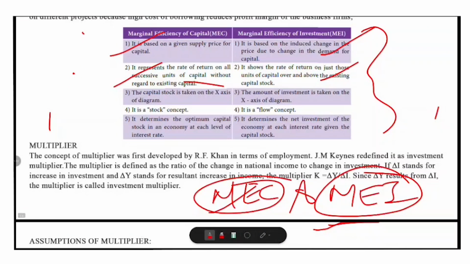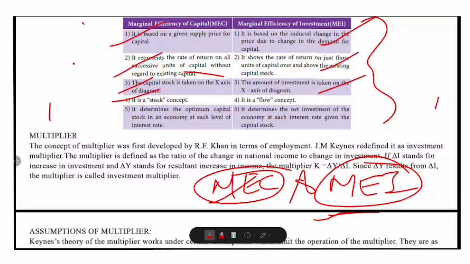Then in MEC, the capital stock is taken on the x-axis of the diagram, and in MEI, the amount of investment is taken on the x-axis. MEC is a stock concept, MEI is a flow concept. MEC determines the optimum capital stock in an economy at each level of interest rate. MEI determines the net investment of the economy at each interest rate given the capital stock.